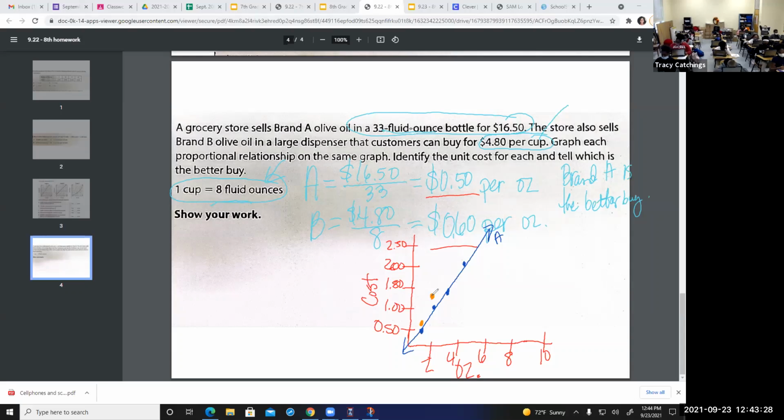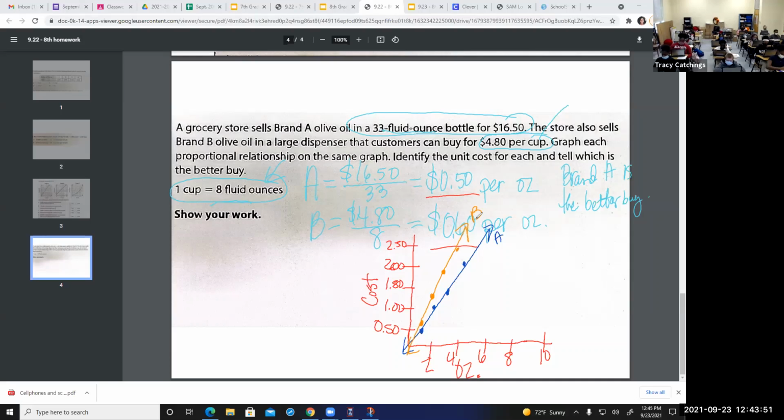If I get 4, $2.40. 4 times 6 is 24. All right, and then of course you should have graphed it as well. So clearly we can see that graph B is steeper, so that means it would cost more.